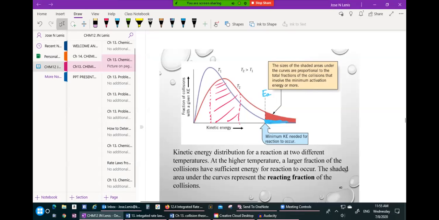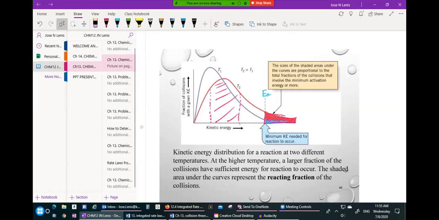But also notice that at temperature 2, we have a bigger portion of molecules that reach and exceed the minimum energy needed for the reaction to occur. So there are more chances.